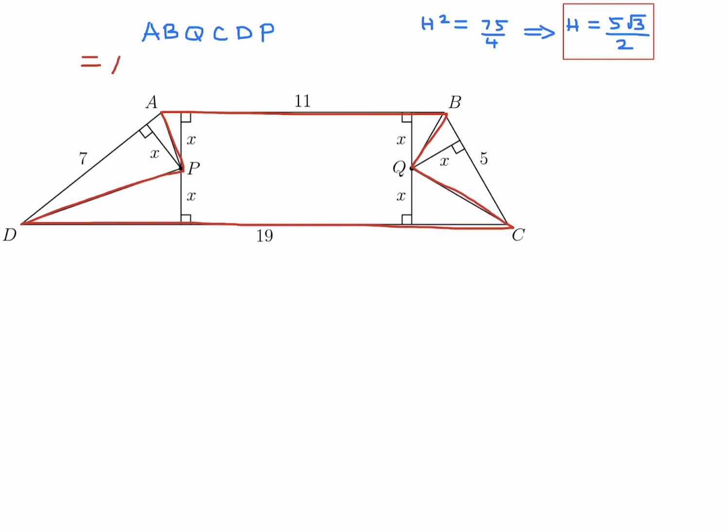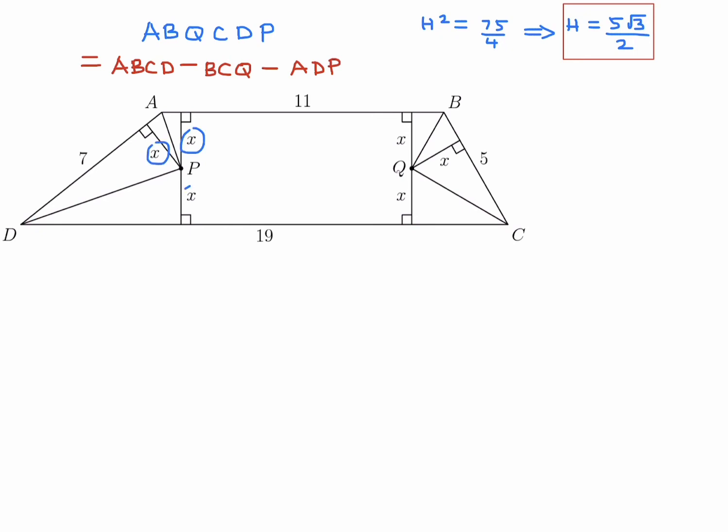It would be the full trapezoid ABCD minus those two triangles, right? If you subtract from it this triangle right here, which is BCQ, and this triangle right here, which is ADP, you'll be able to get the area of that shape. So that is our goal.